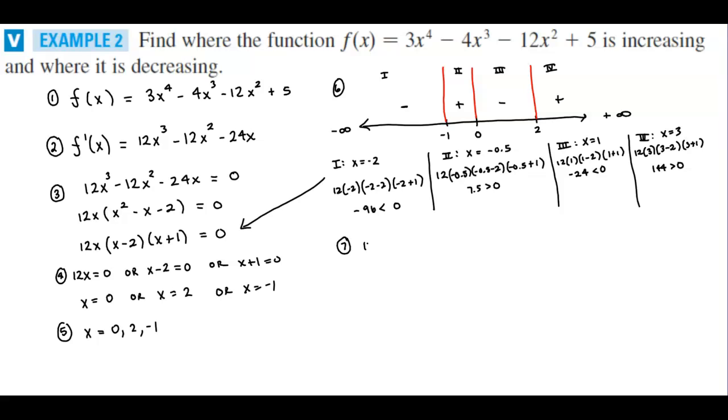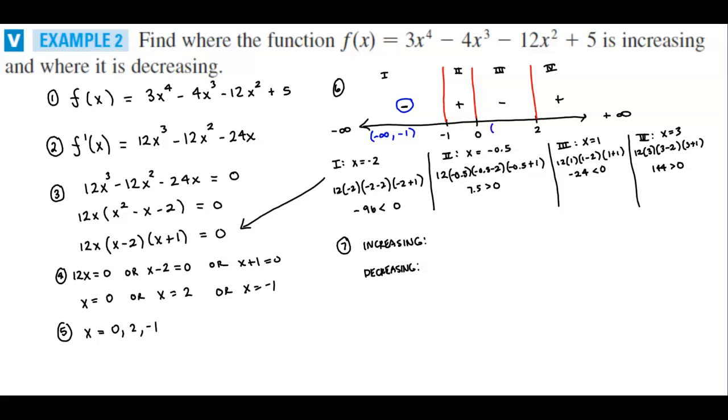So now we want to determine on what intervals it is increasing and on what intervals it is decreasing. Let's take a look at that. In the region going from negative infinity to negative 1, it's decreasing because we can see that it's negative.